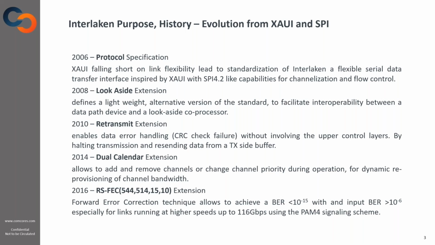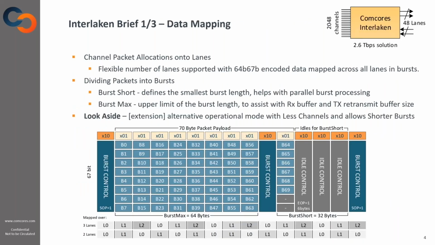To help the bit error rate, the RSpec encoding, or forward error correction, fixes errors on the stream and improves the bit error rate to a usable level, below 10 to the minus 15, right? This is important when you're using PAM4 signaling over NRZ, because it is inherently much poorer quality because of the 4 levels of signaling.